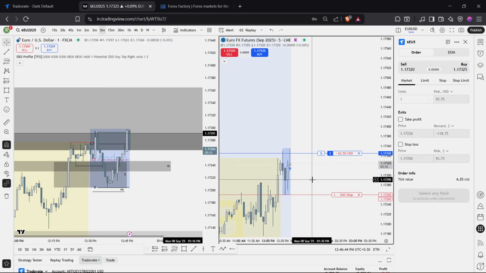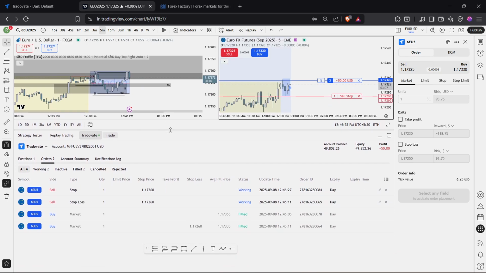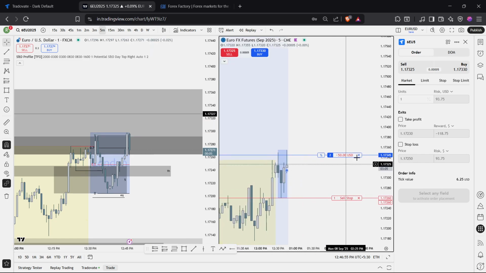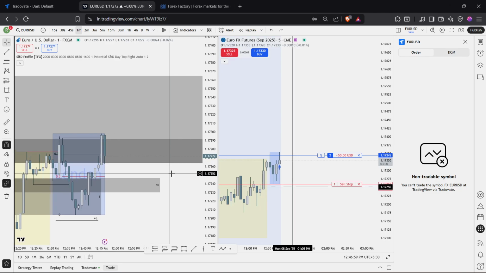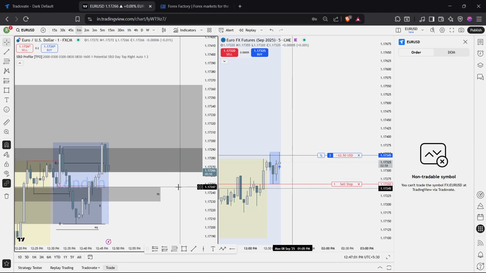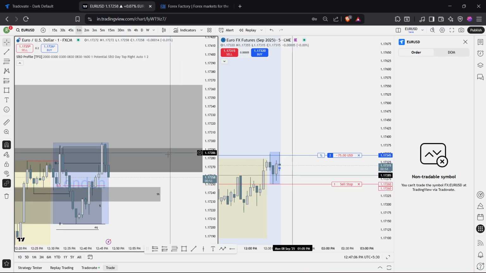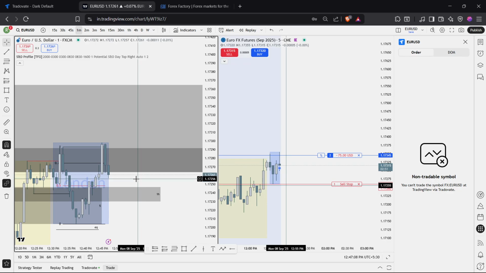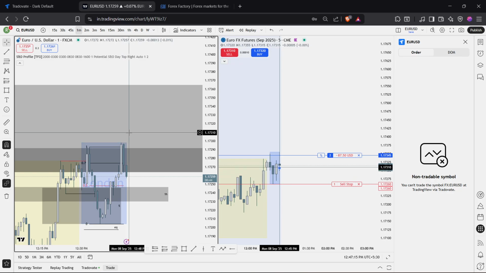5 minute is rejecting. Let's see what happens. I mean, it has rejected. Okay, so I was hoping that it might close above there. We did close here, but we didn't see displacement.